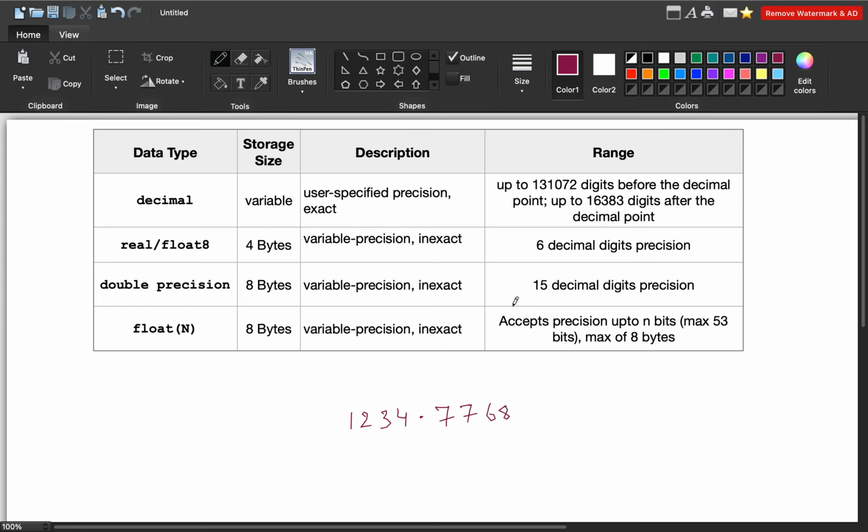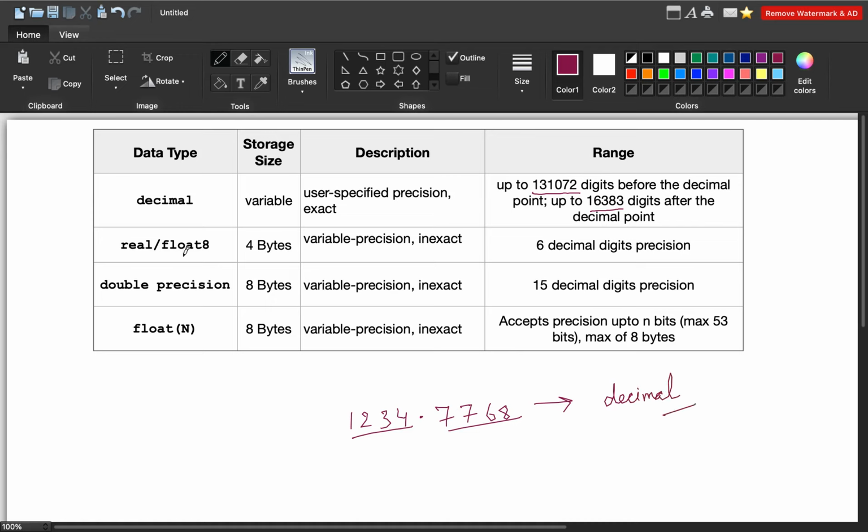So what it says is we can have 131072 digits before the decimal, and we can have 16383 digits after the decimal. This is applicable for the decimal data type.